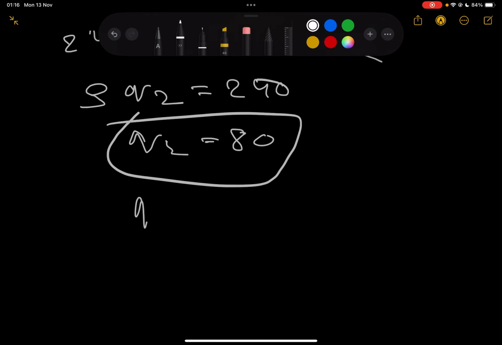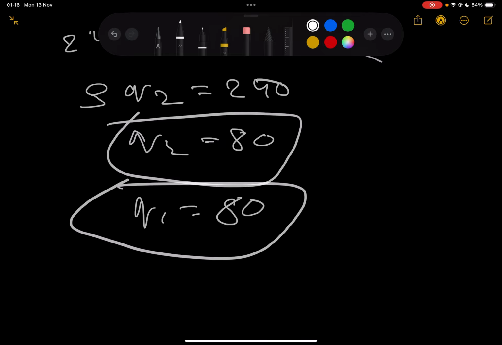And q1 will also be equal to 80, because our cost function is the same for both of the firms.